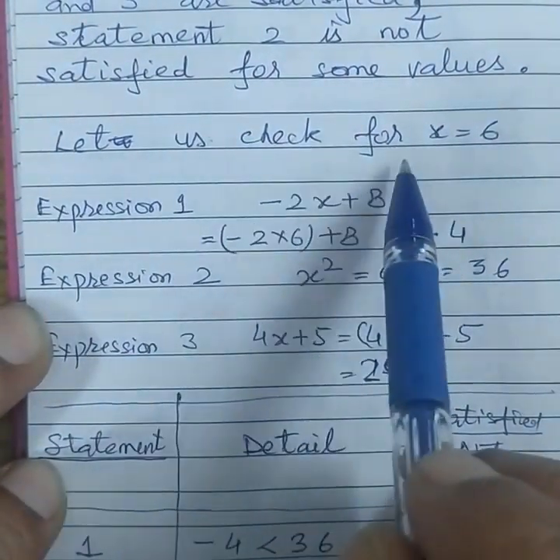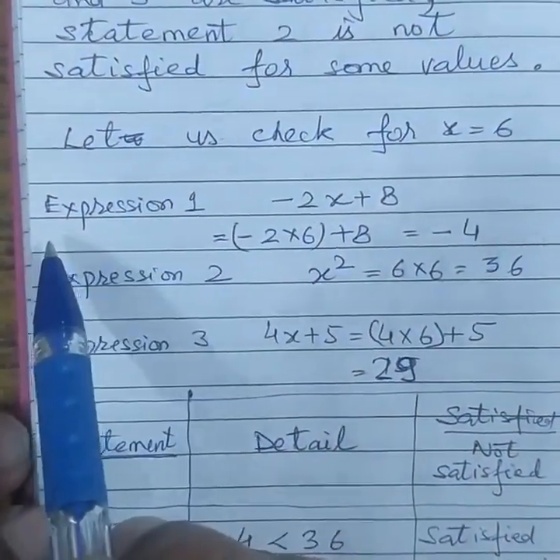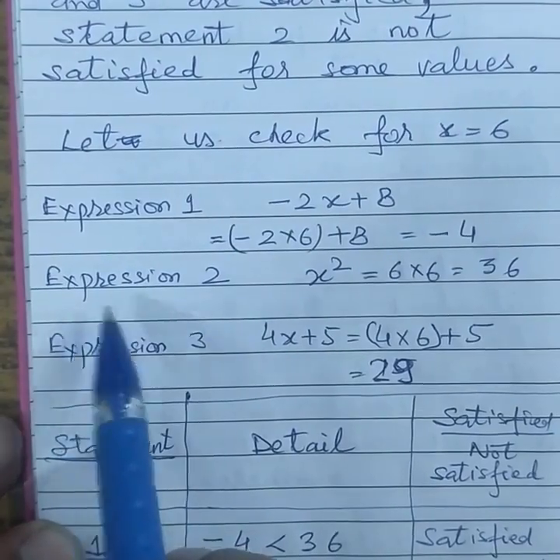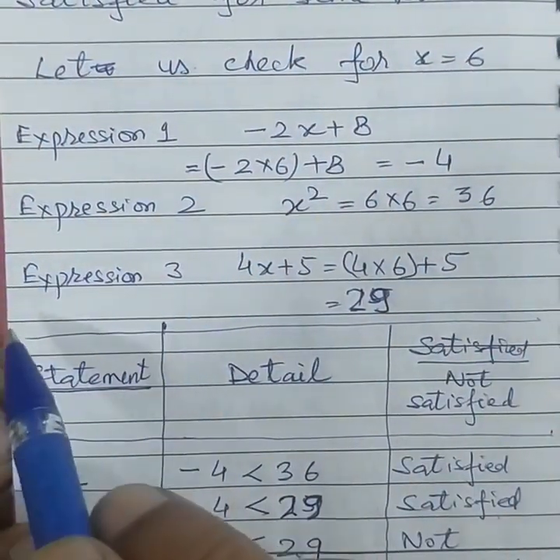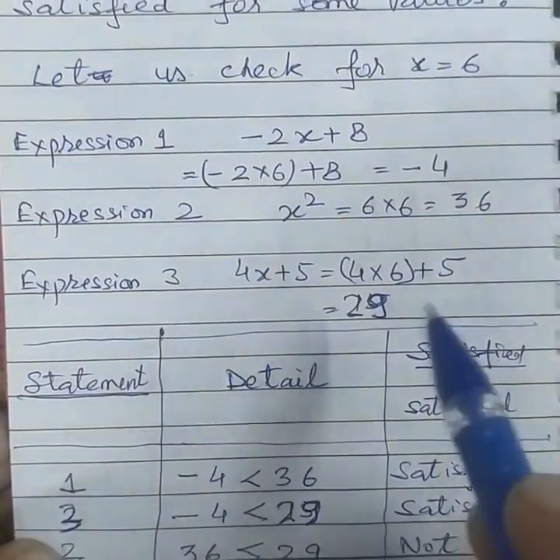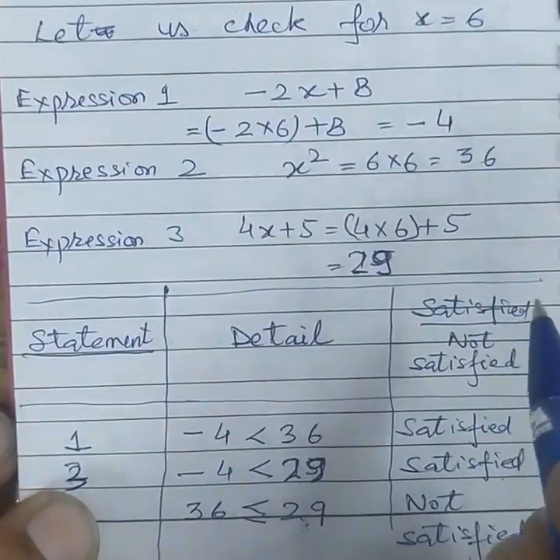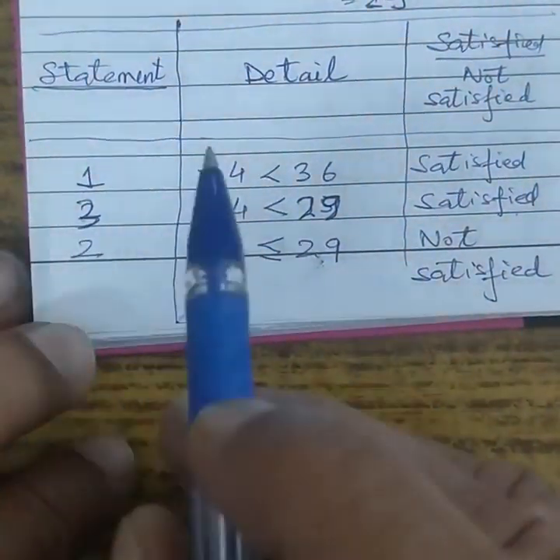Let us check for x equals 6. The value of expression 1 is minus 4. The value of expression 2 is 36 and the value of expression 3 is 29 for the value of x equals 6.